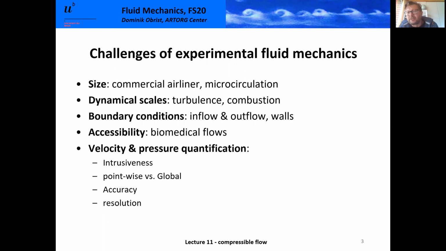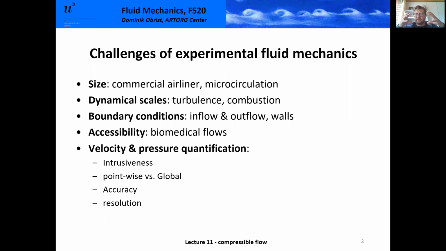And usually we want to measure pressure, which is a bit more straightforward, and we want to measure velocity. That's what we usually want to find out. And velocity measurement is a real tricky task. We need to make sure that the devices we're using for measuring velocity are not so intrusive to the flow that they modify it, right?